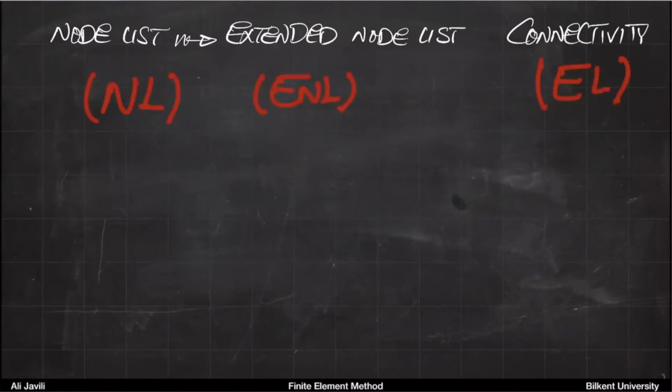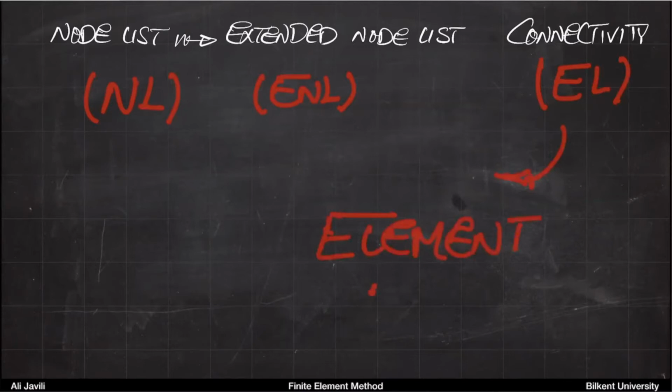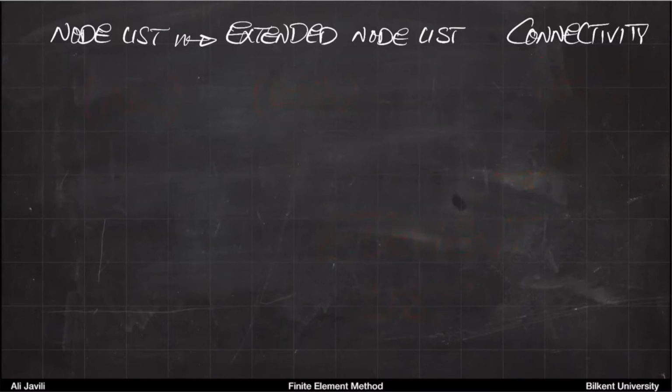So we actually refer to it as element list, which makes perfect sense. This is the list of elements, essentially. Connectivity is essentially the same thing as element list, and I'm going to explain that by an example here.